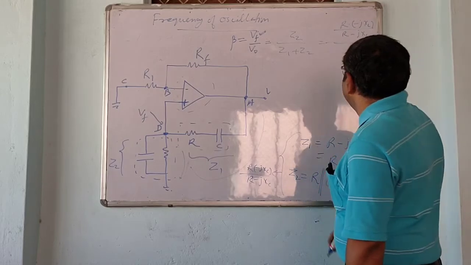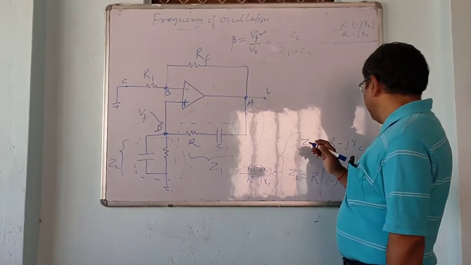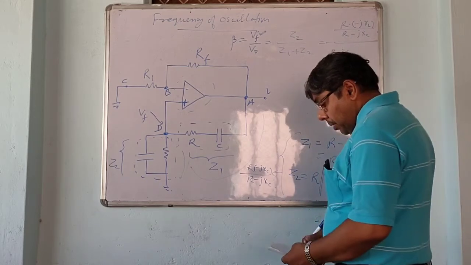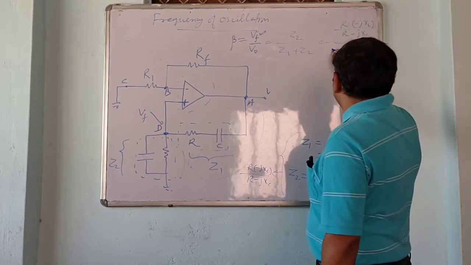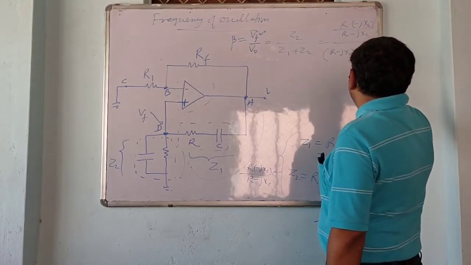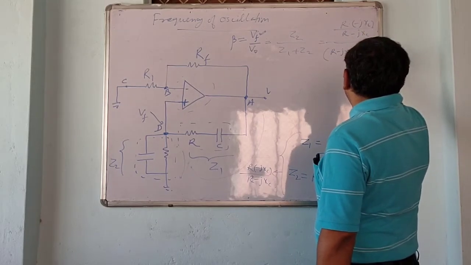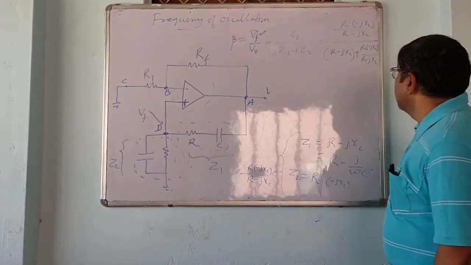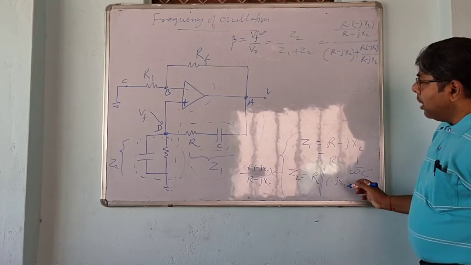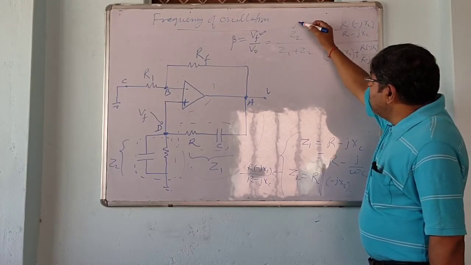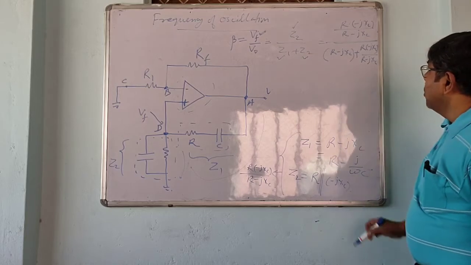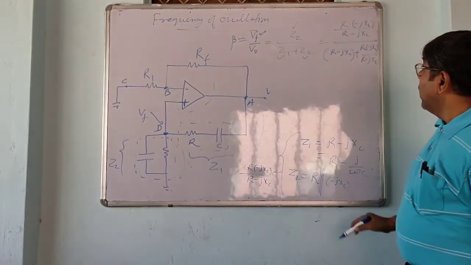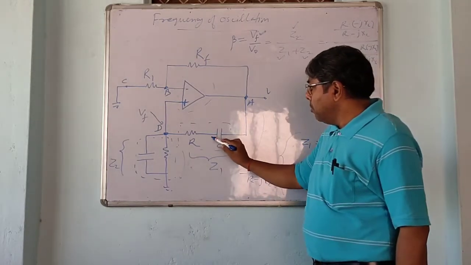This is Z2 and Z1 is this. This is R minus jXC plus Z2, means plus this R minus jXC divided by R minus jXC. So you have to simply place these values Z1 and Z2. Z2 is the parallel combination of these two and Z1 is the series combination of these two.